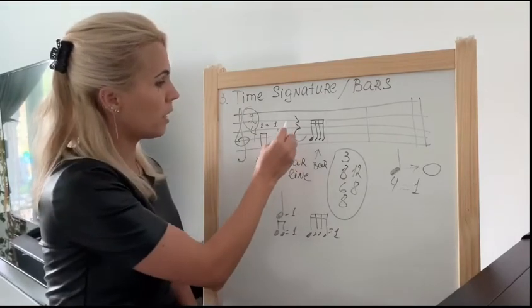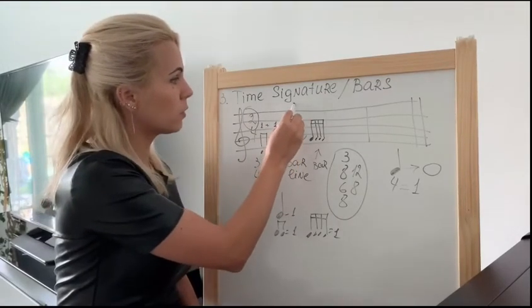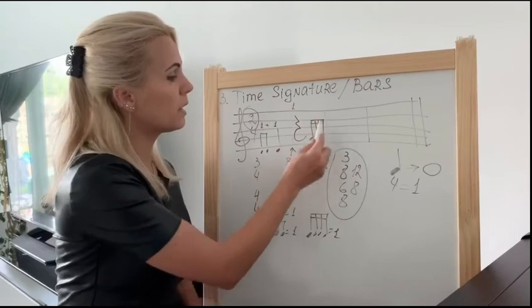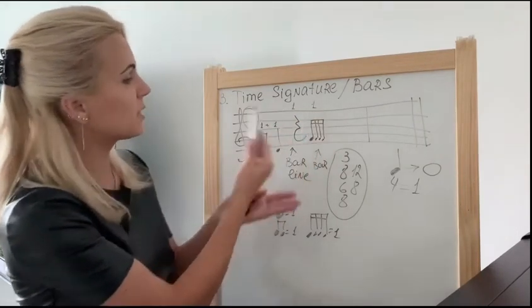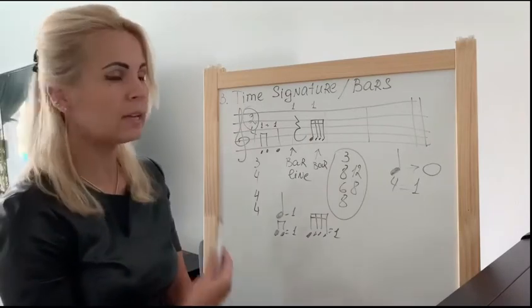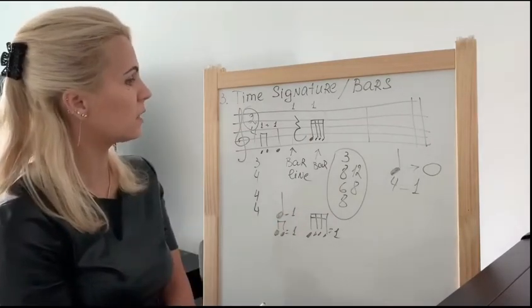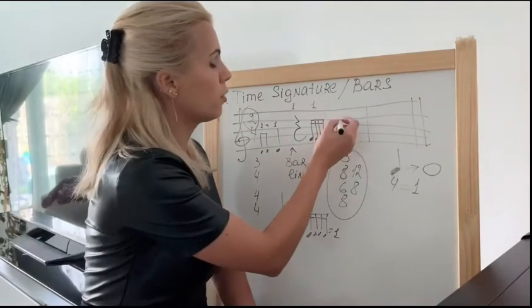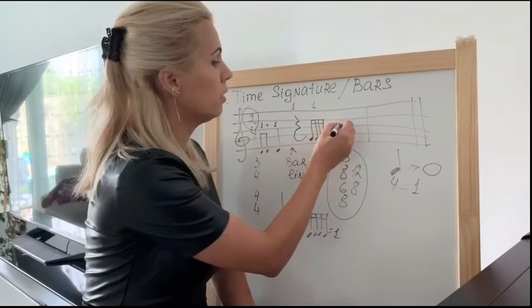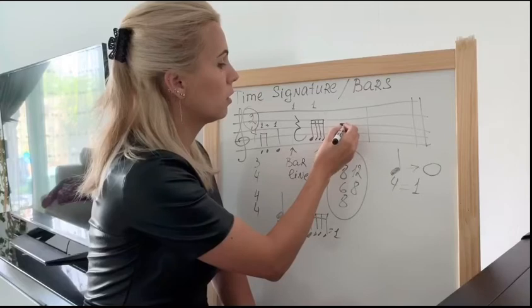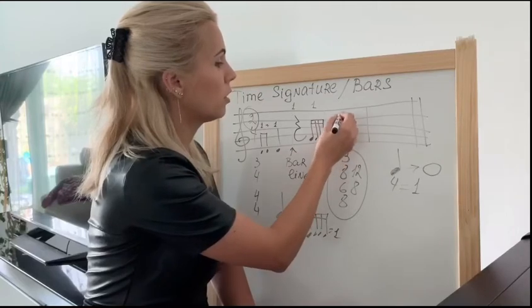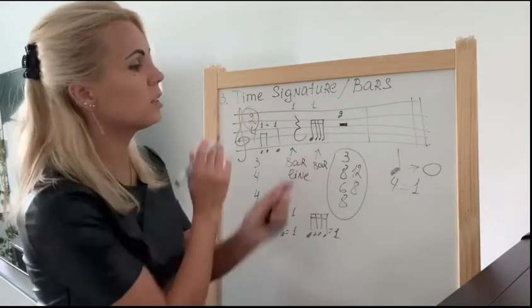This crotchet rest will give me 1 beat, and my 4 semiquavers together will give me also 1 beat. That's it, I cannot fit any more notes in this bar. In the next bar, I can, for example, write only a half rest, and that is 2 beats. That's it, my bar is full.